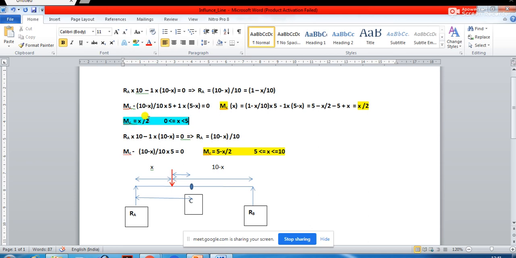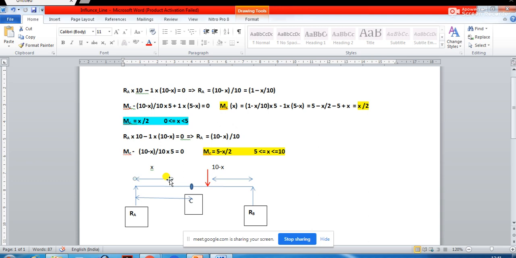So you have got one moment equation for a distance between 0 to 5. Now why will you have to find another moment equation? Because when this load crosses C, let's say this load will be gradually going and reaching C, and then when it crosses C, it will be moving somewhere here.